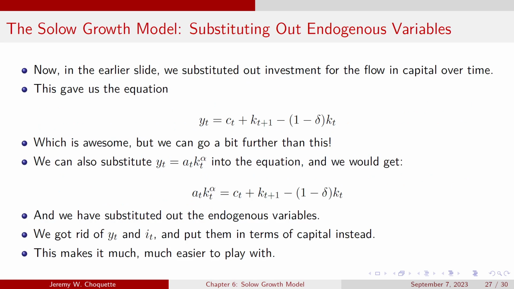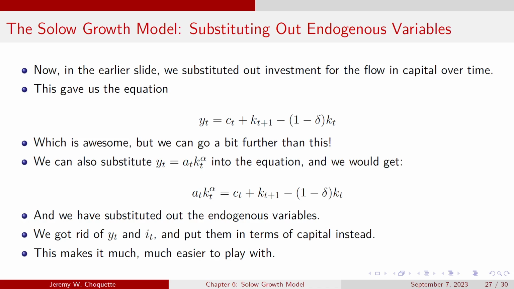Moving on. So in the earlier slide, I substituted out investment for the flow of capital over time, which gave me Y equals C plus K_{t+1} minus (1 minus delta) times K. But I can actually go a little further than this. What I can also do is substitute the production function, A times K to the alpha, in for Y. And then it gives me A times K to the alpha equals C plus K_{t+1} minus (1 minus delta) times K_t.